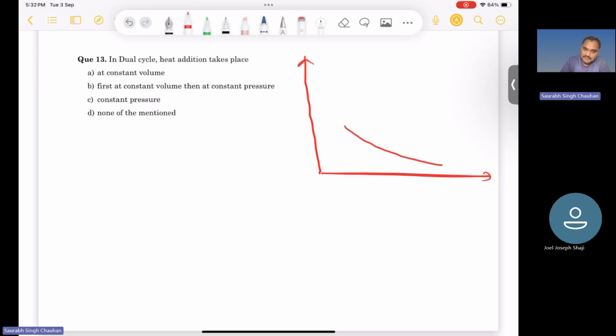First there is isentropic compression, then constant volume heat addition, then constant pressure heat addition, then isentropic expansion. These are not very smooth curves, I am sorry for my drawing.